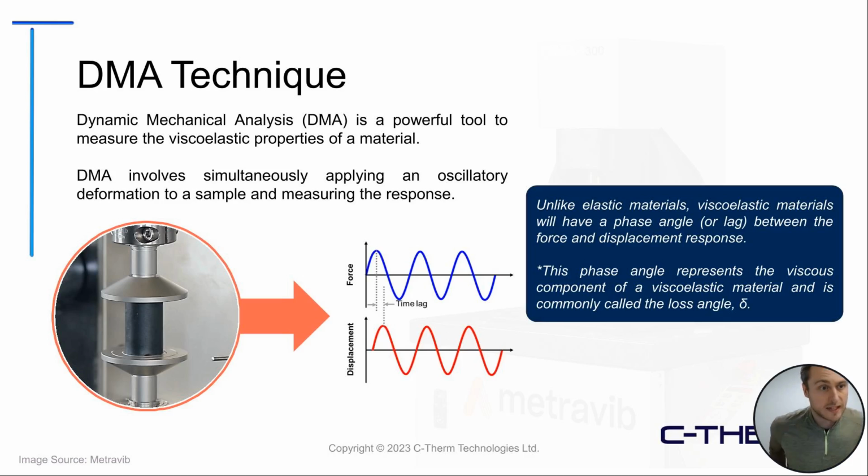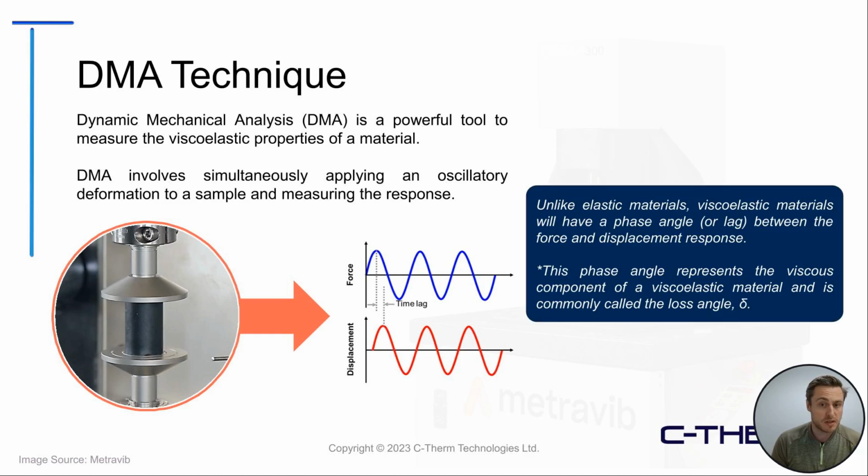So now more to the technical side here. For those who are not familiar with DMA, dynamic mechanical analysis is a powerful tool to measure the viscoelastic properties of a material. DMA involves simultaneously applying an oscillatory deformation to a sample and measuring that response. Unlike elastic materials, however, viscoelastic materials will have a small phase angle or lag between the force and displacement response.